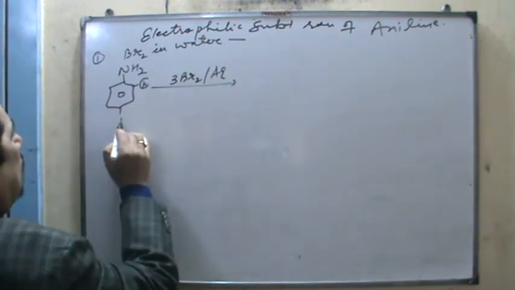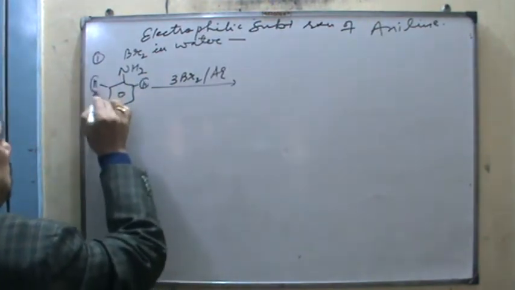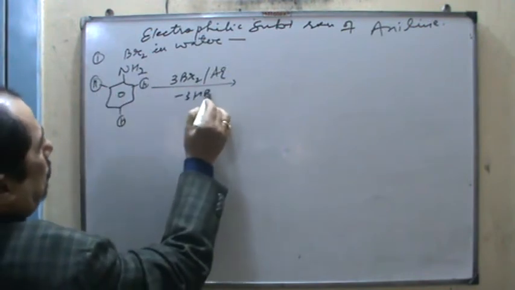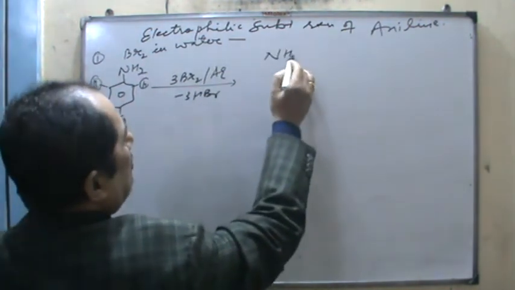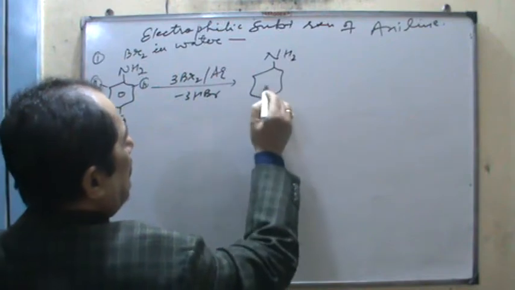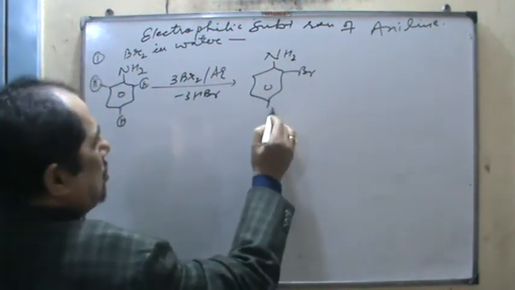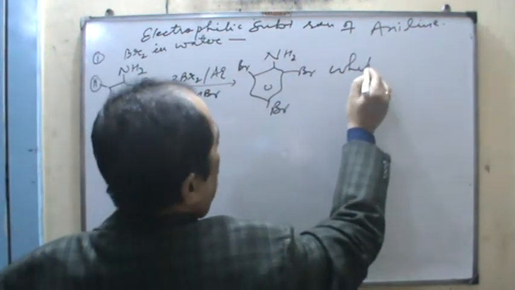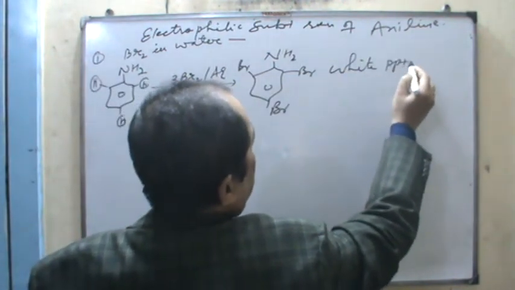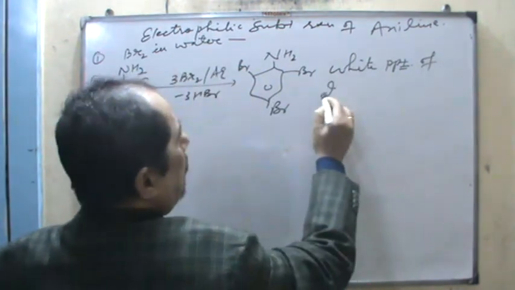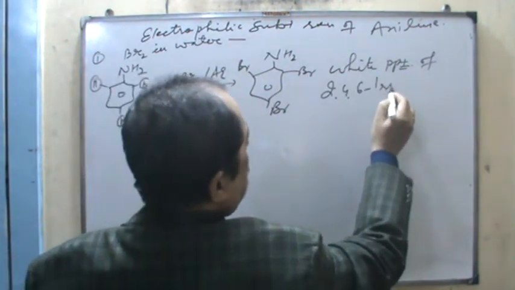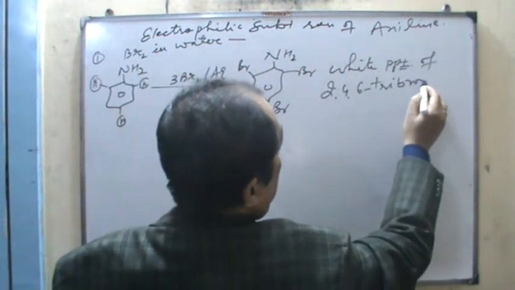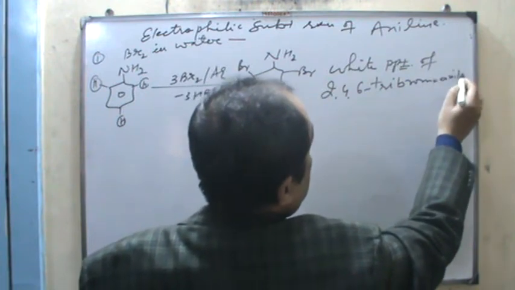This is ortho, para, ortho. 3HBr is lost. 2,4,6 white precipitate of 2,4,6-tribromoaniline.